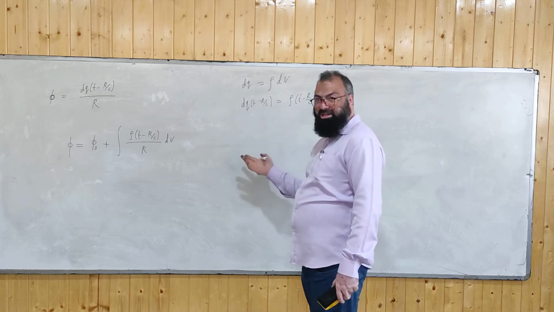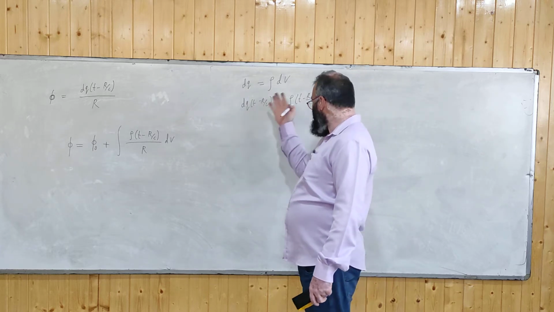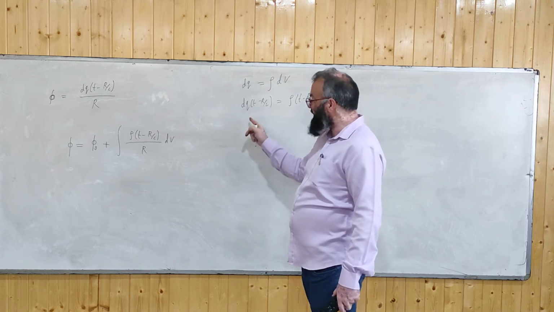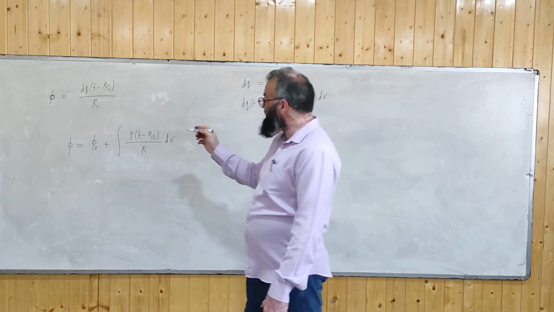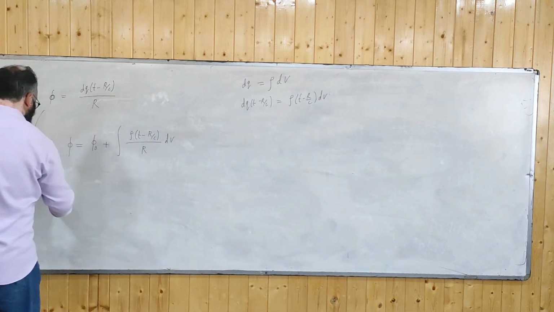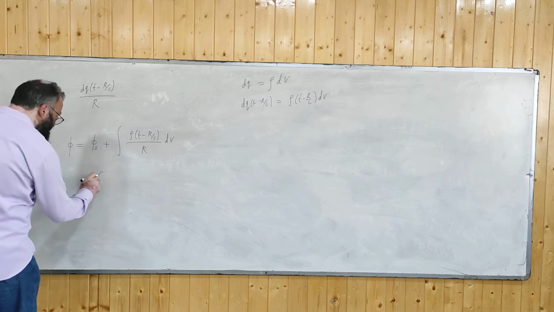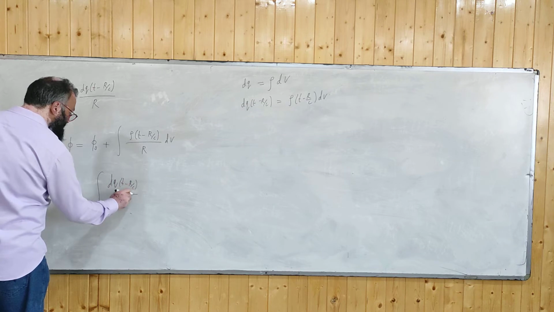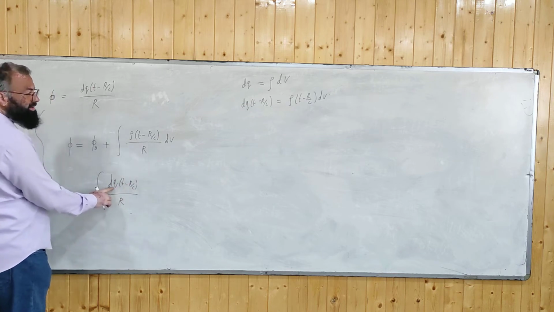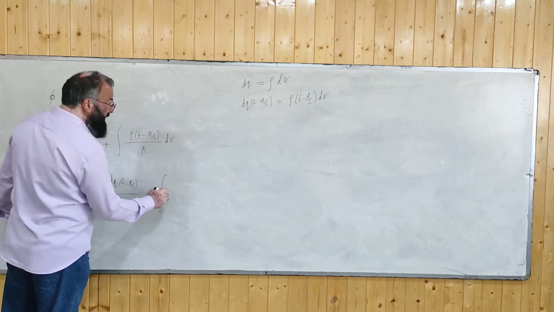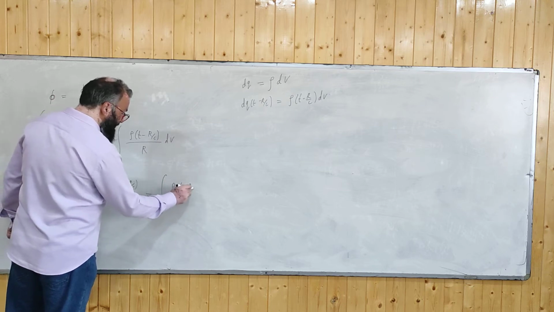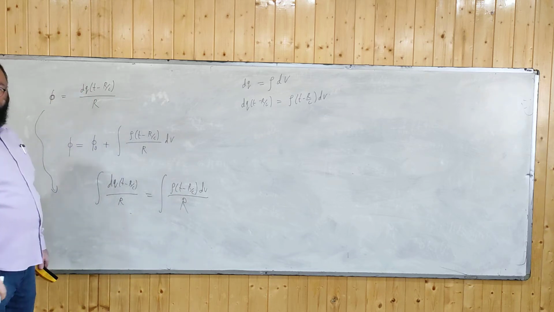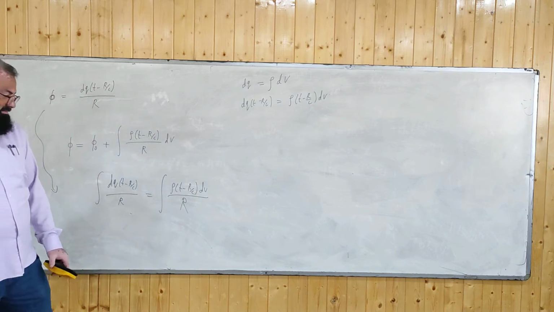Okay, so what is the total charge? Q. So you need to integrate it, is it? I am calculating the field due to this charge, okay? Now I need to integrate it. So let's integrate this very. So you will actually get the integral of dq at t minus r by c by r. Is that true? What is dq? It's actually rho of t minus r by c dv by r. Clear? So samajh aa? Okay.